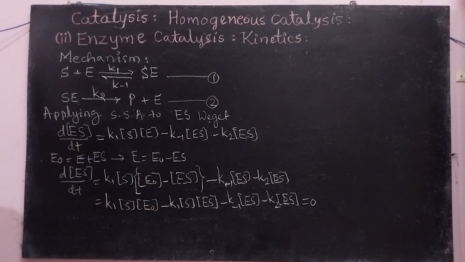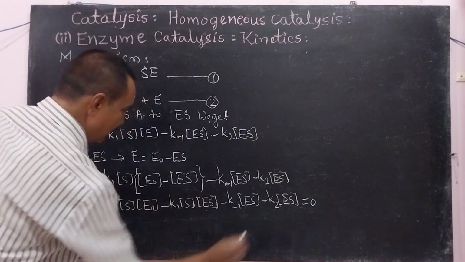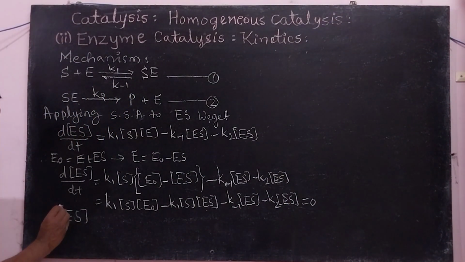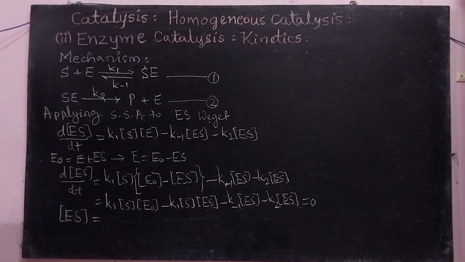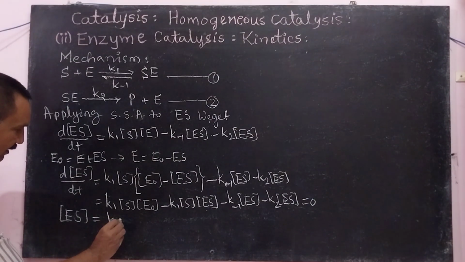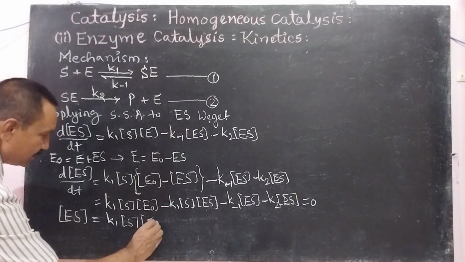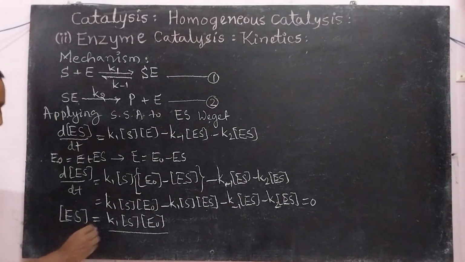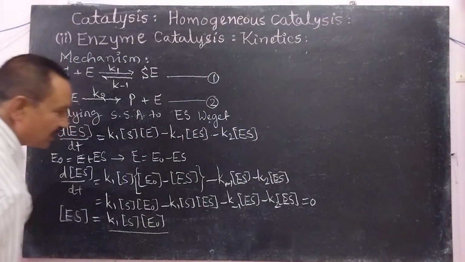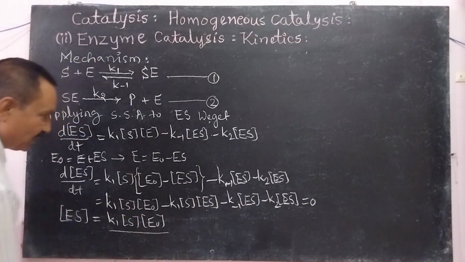On rearranging this, let us take ES as common. Then we may write ES is equal to K1 into S into E0, divided by K2 plus K minus 1 plus K1 into concentration of S. ES is taken common, and we take the opposite side, all these become plus.